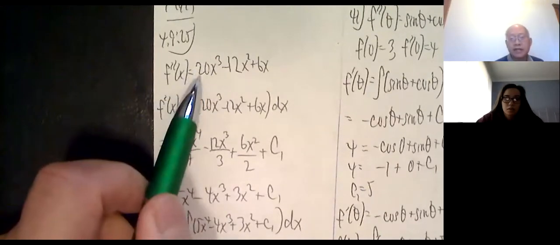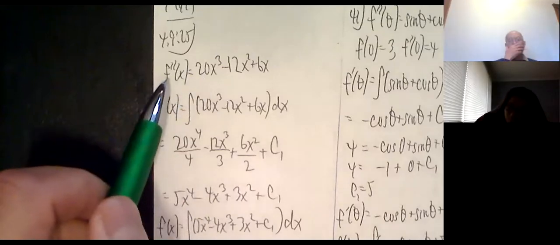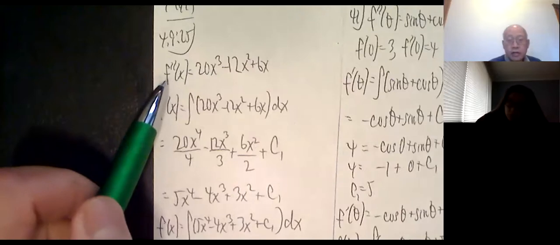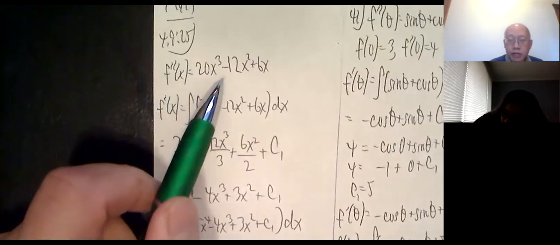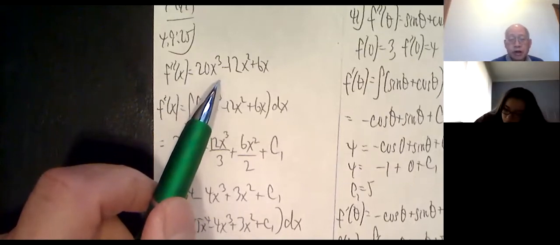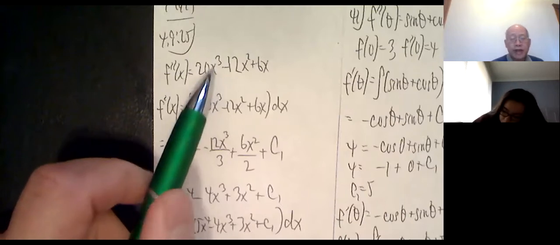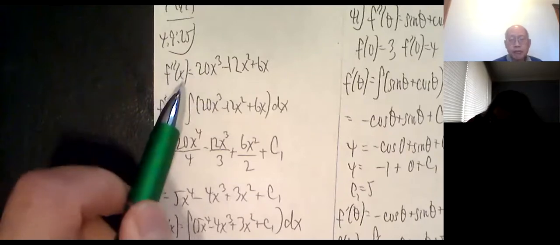So this is f double prime. What was the original f? Or this is the answer to a second derivative question. What was the original question? So before, here's f of x, take the first derivative, take the second derivative. Now we're going the other way. Here's the double prime. What was the original function?